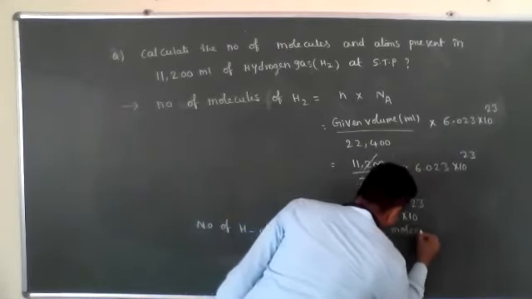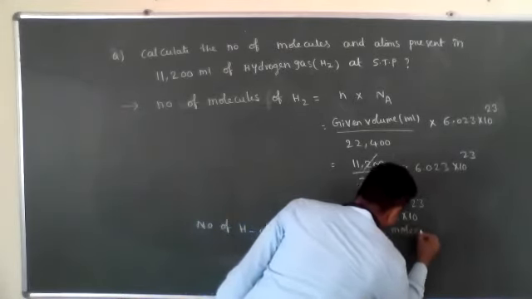For neutral atoms, the number of electrons is equal to protons, which is equal to the atomic number. Similarly, a hydrogen atom has 1 electron equal to 1 proton.